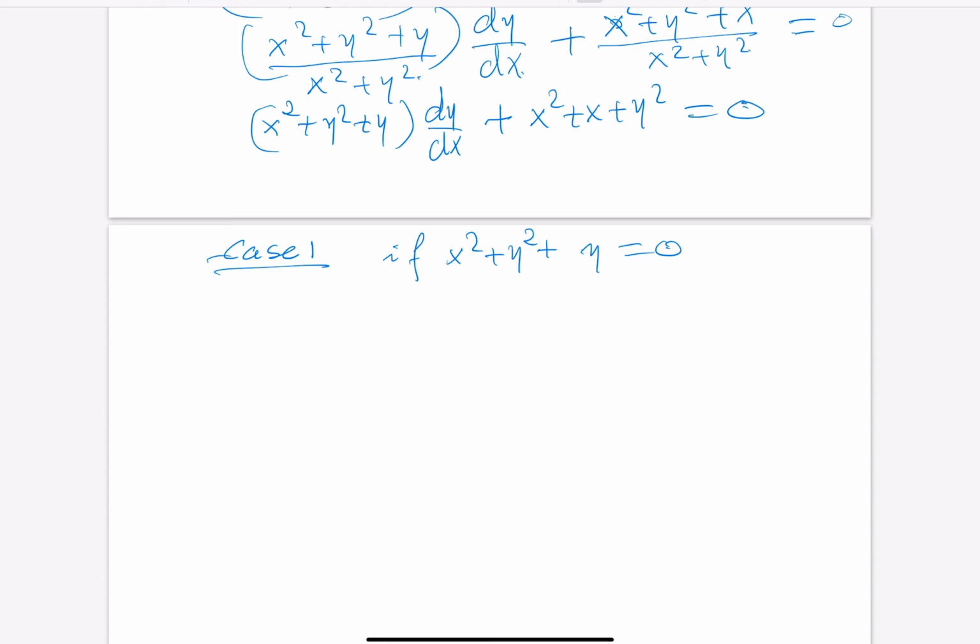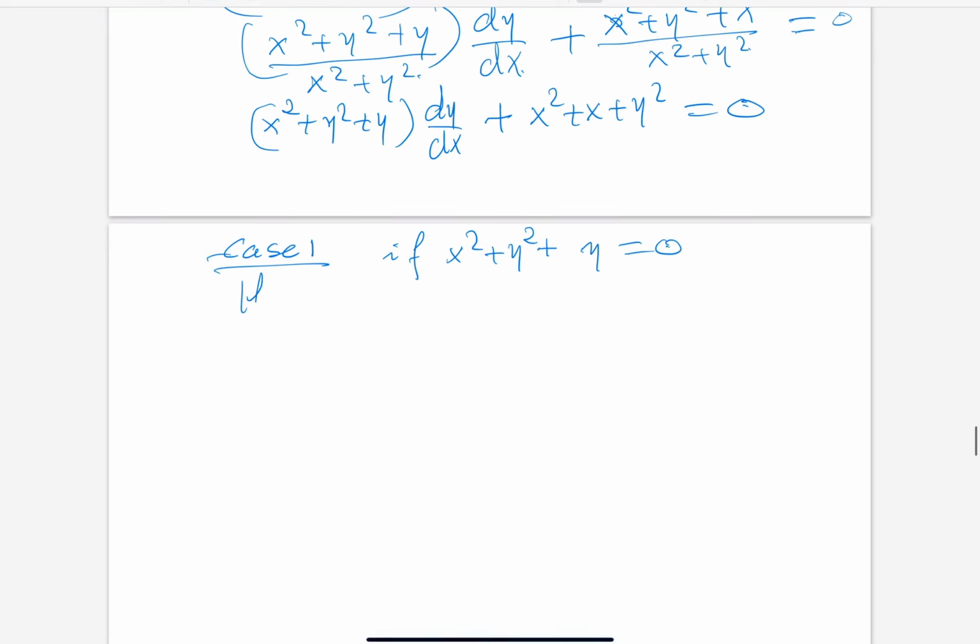In this case, this holds true if you set this one equal to this one.